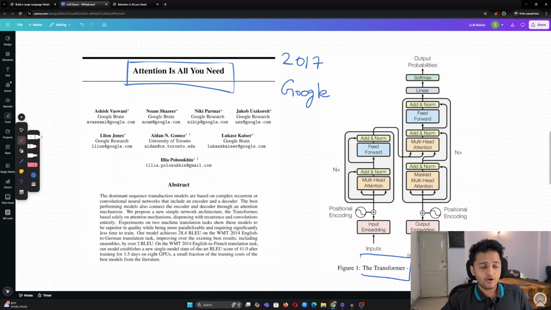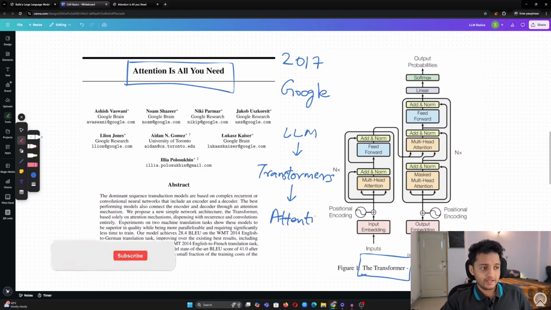You can think of the transformer as the heart of these LLMs, right? And the heart of each transformer is attention. So these LLMs are powered by transformers, and each of these transformers is powered by a technique called attention. And that's where the name comes from. It says attention is all you need.